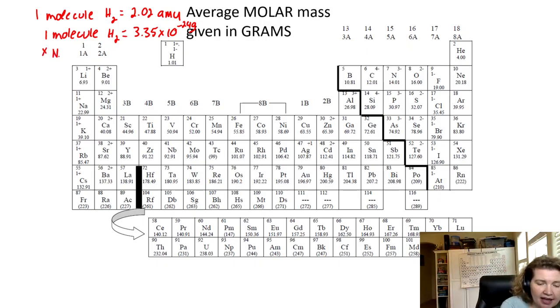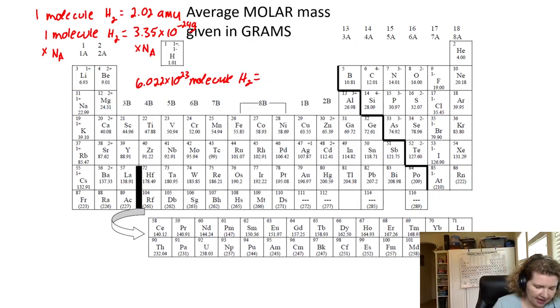If I multiply the left-hand side by Avogadro's number and the right-hand side by Avogadro's number, then what I have is 6.022 times 10 to the 23rd molecules of hydrogen is equal to, multiplying both sides, 2.02 grams. Okay, so what does that mean? It means that 1 mole of hydrogen is equal to 2.02 grams.